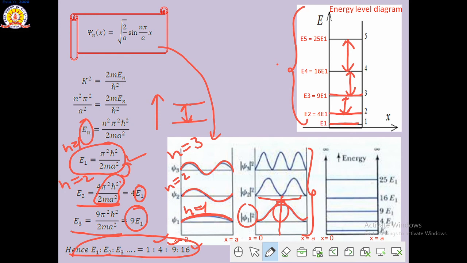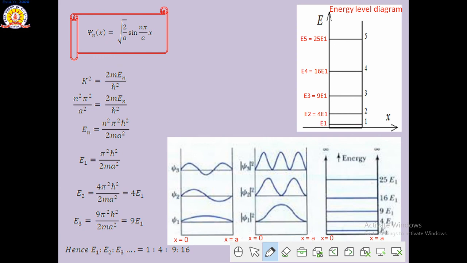It means if we want to find the particle within the box, we can determine it from that probability function. At the first excited state, that is the first excited state probability function.